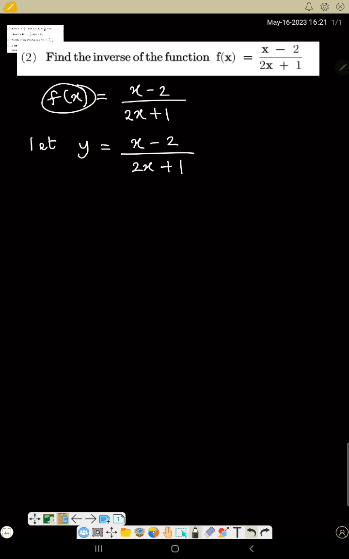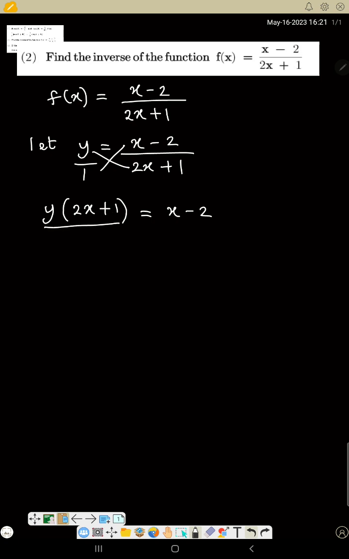So let this f of s be represented with y, then cross multiply. So our aim now is to make s the subject of the formula. So if you cross multiply, you have y times 2s plus 1 is equals to 1 times s minus 2.